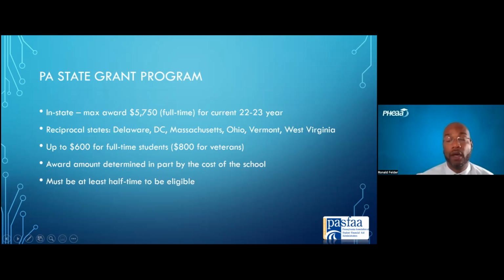For example, that $5,750 will go to schools like Drexel, UPenn, Villanova. If you're going to schools like, and I'll put Kat on the spot, West Chester, IUP, Bloomsburg, you will not receive that max of $5,750 because of the cost tier of that particular school, and it will actually be lesser if you're going to Community College of Philadelphia.